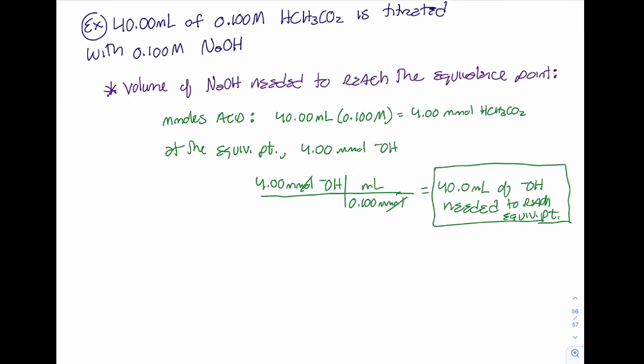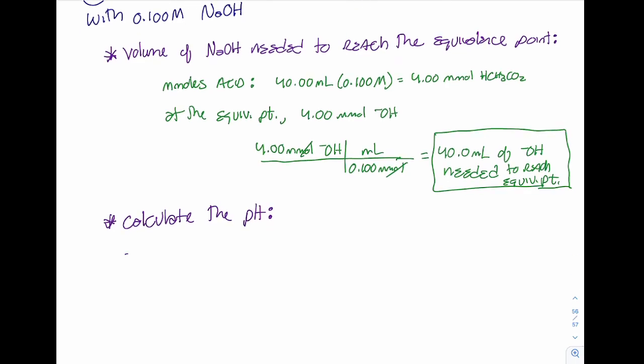So we're now going to calculate the pH. Our first one is going to be initially. So that means no base, 0 milliliters of sodium hydroxide has been added.